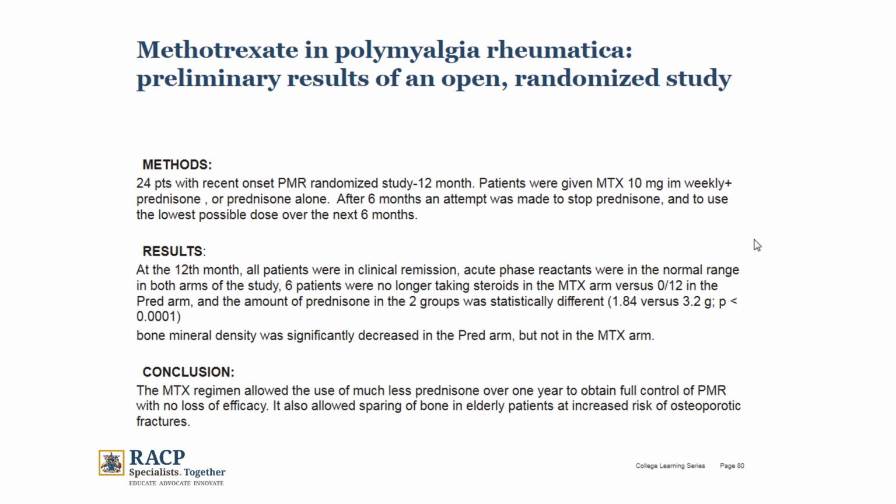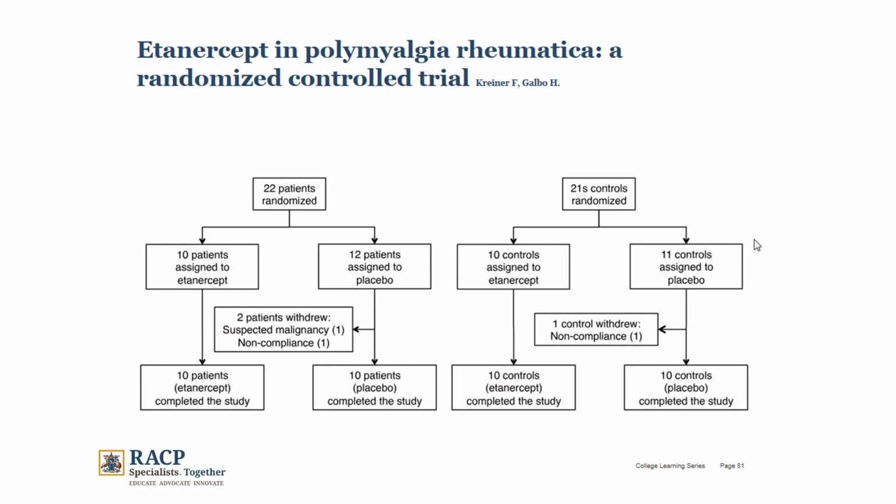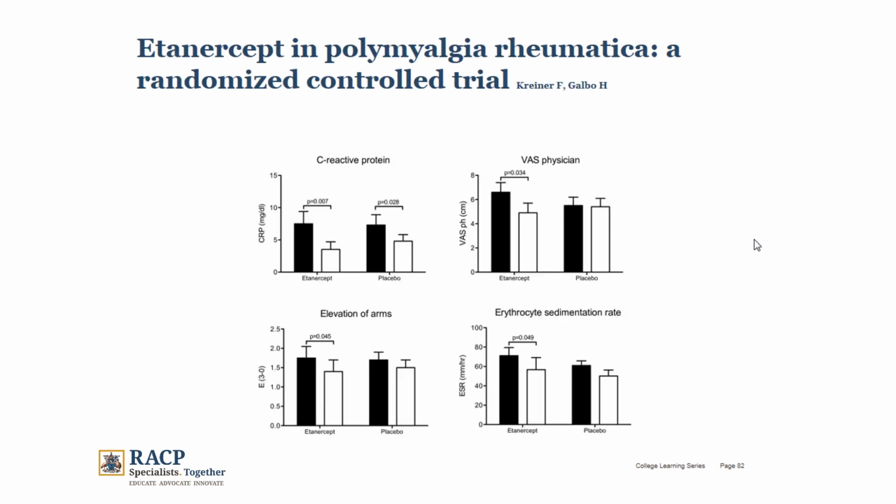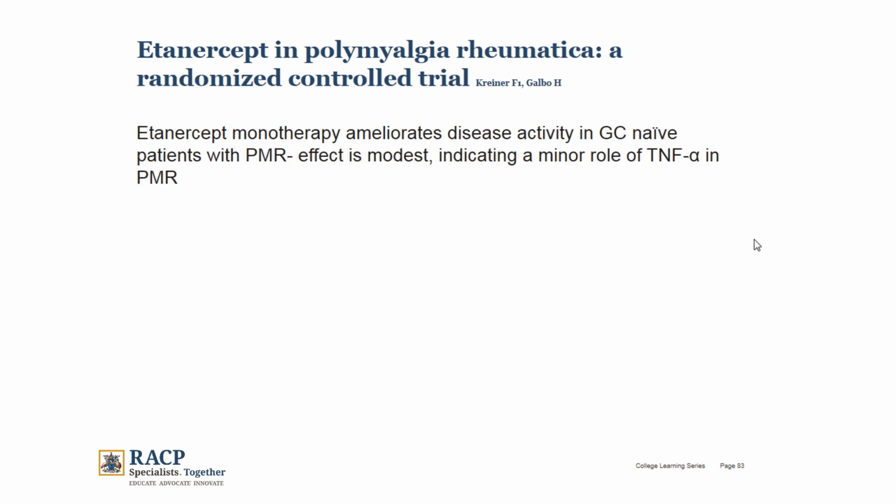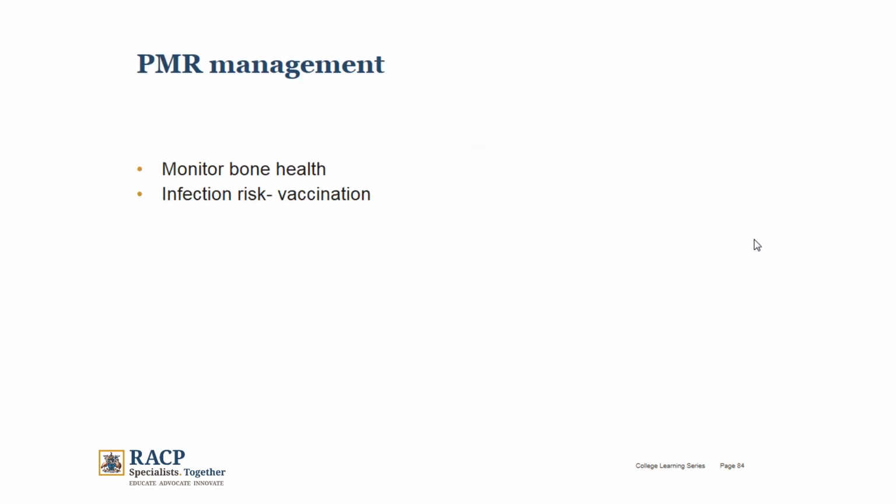Methotrexate has been trialed in polymyalgia rheumatica, and it allows a lower dose of prednisolone to be used, particularly in patients who relapse. Anti-TNF agents including etanercept have been tried with very limited benefit. It does ameliorate disease activity, but the effect is modest and indicates only a minor role for anti-TNF in PMR.